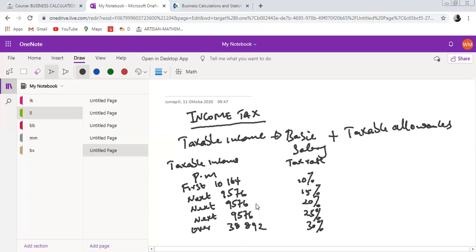So in this particular question, you were asked to calculate the monthly salary that an employee was to get.